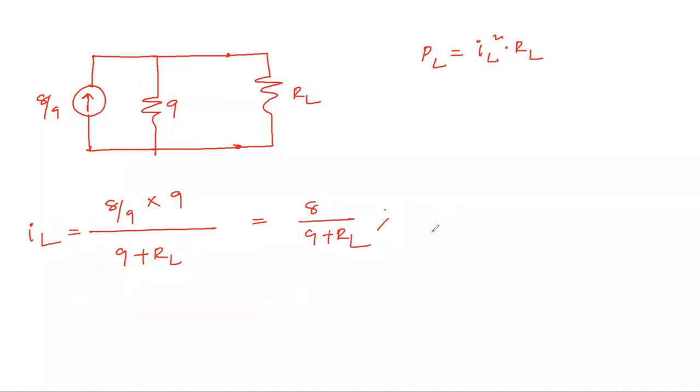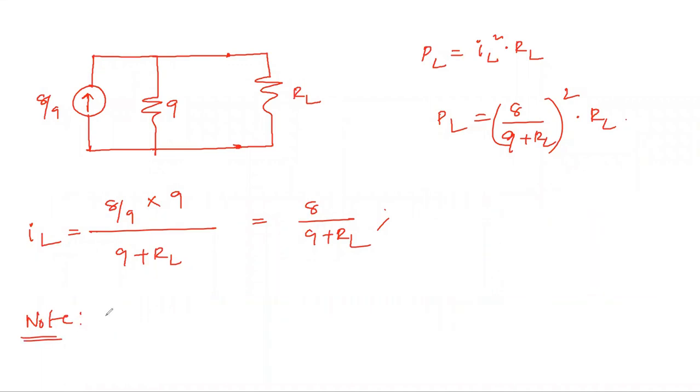So what can we conclude? PL is also the same: 8 divided by 9 plus RL, whole square, into RL. So what we can conclude is the response won't change.